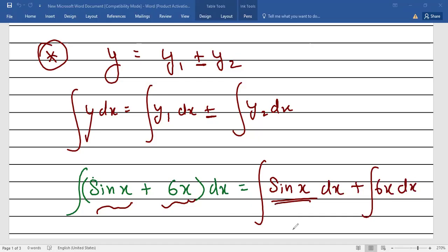That is, the first one will become negative cos x, and this one will become 6x squared by 2 plus c. This will be the answer for this. Note it down.